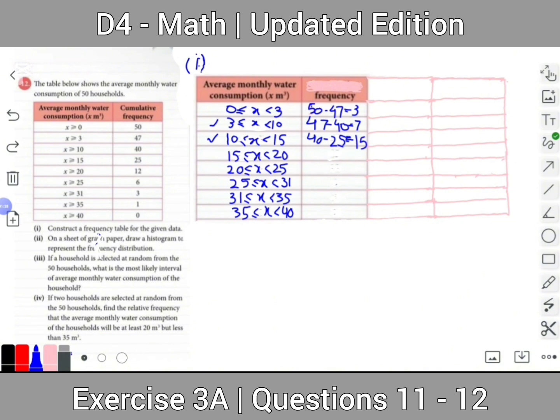To find the frequency of the class interval 15 to 20, subtract the cumulative frequency of the next class interval 20 to 25 from that of the current class interval 15 to 20. So 25 minus 12 is equal to 13.